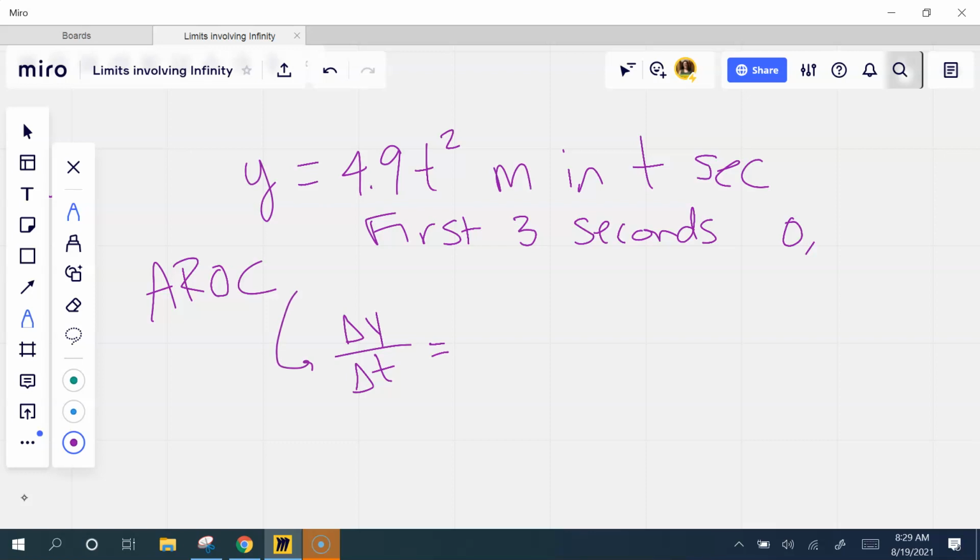At zero, what is T? 0. Now I need to do 3. So at T equals 3, Y equals 4.9 times 3 squared, right? I don't know what that is.